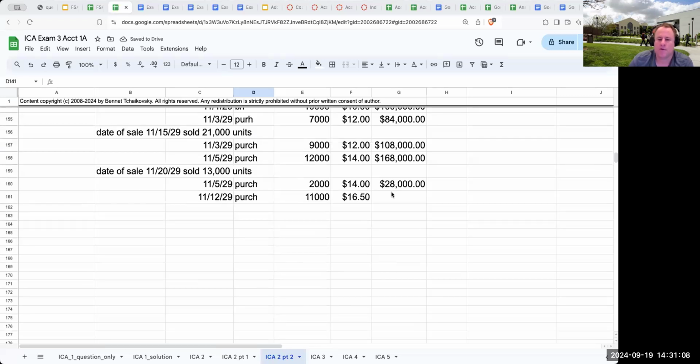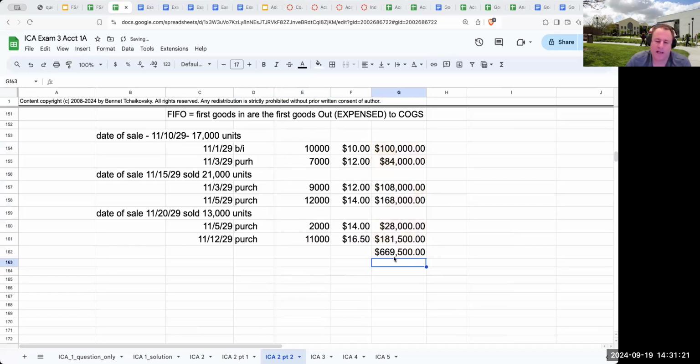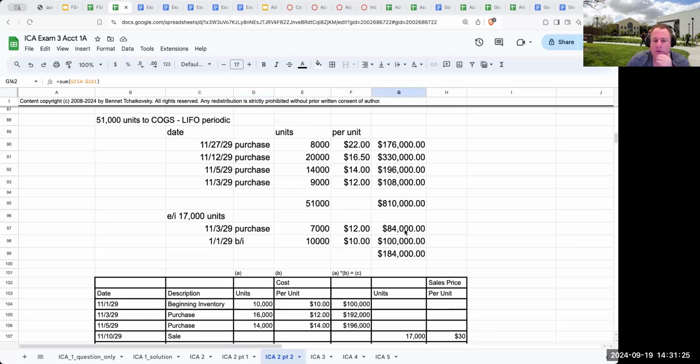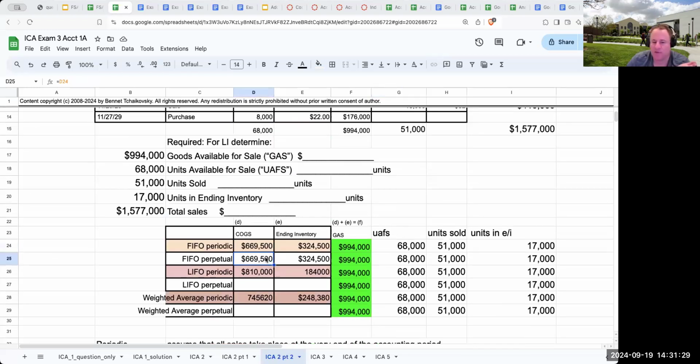Okay. So 11,000 units and over here 181.5. So when I add up the total amount of cost of goods sold, basically right over here, I get 669,500 under FIFO Perpetual. So over here, when I come over to this 669,500, oh, it's the same exact thing.